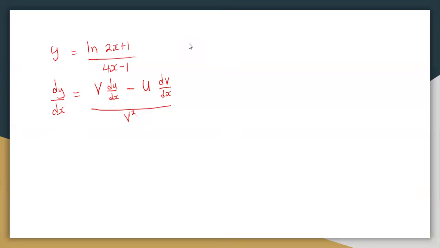When you look at what we have here, this is one function, and this is the second function down, then you know that is quotient rule. If you are multiplying, then you apply the product rule.